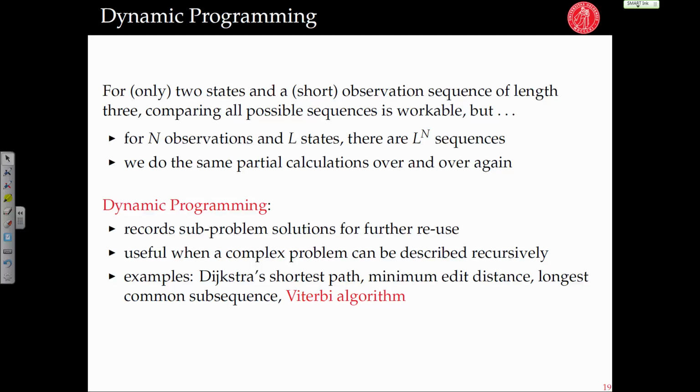This is the dynamic programming algorithm that we will use for the decoding phase in HMM, looking for the most probable sequence, in other words, the sequence that maximizes the probability of S given O.